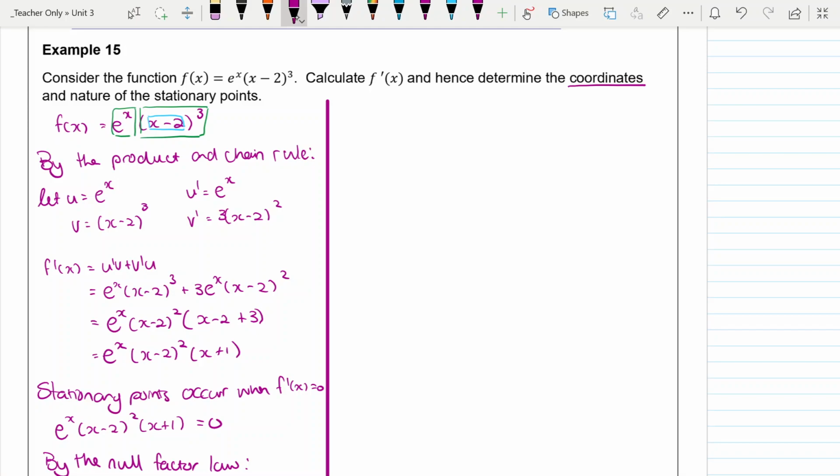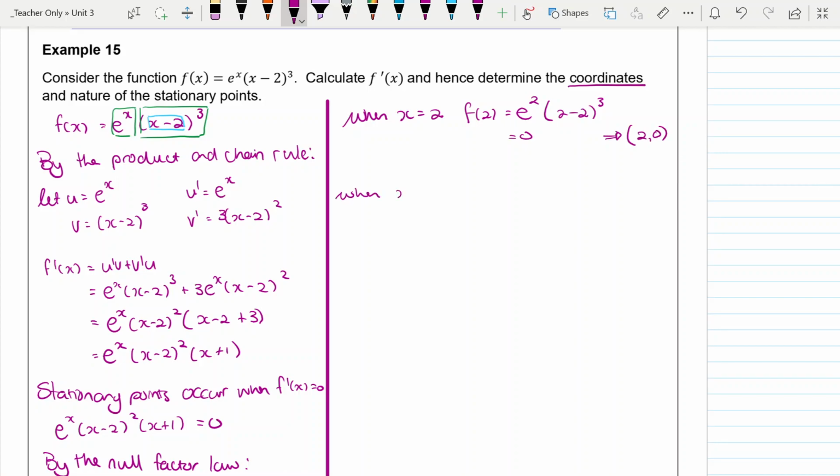Okay, so when x equals 2, I need f of 2, and that's going to be e squared times (2 minus 2) cubed, and that's equal to 0. So the coordinate of my first stationary point is going to be at (2, 0).